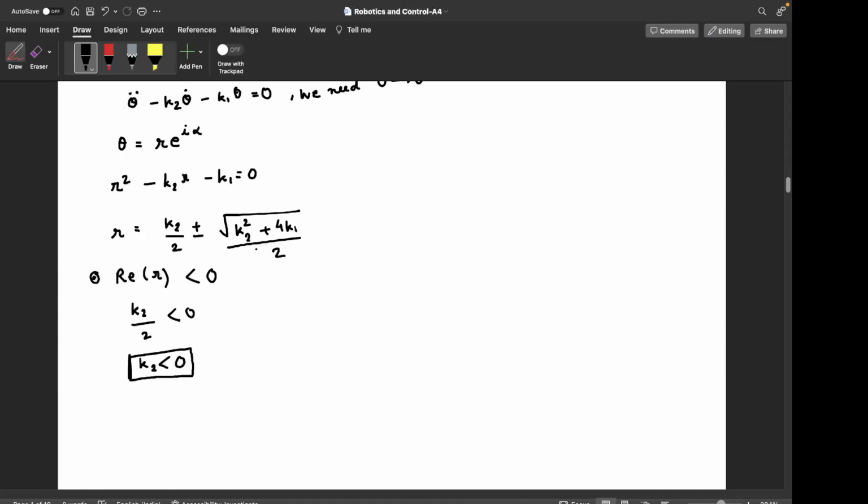And again we want this discriminant to be less than 0. So the other condition is k2 square plus 4k1 should be less than 0, right?